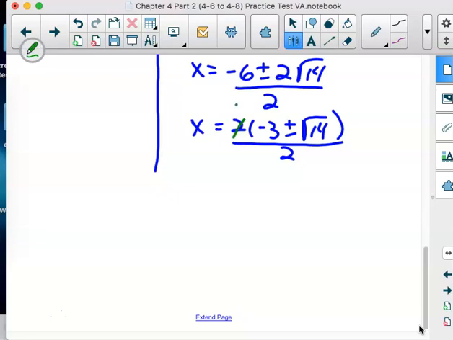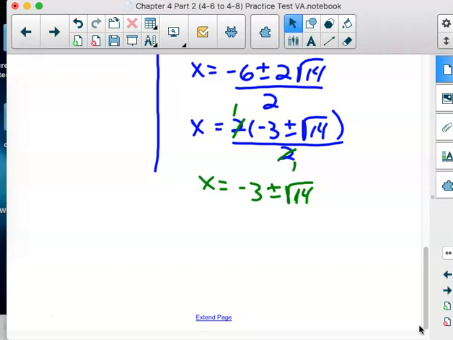We need to see the multiplication. Well, it didn't end up quite so ugly. Negative 3 plus or minus the square root of 14. Not bad at all. So notice the directions said, hey, switch gears, go to the quadratic formula now.